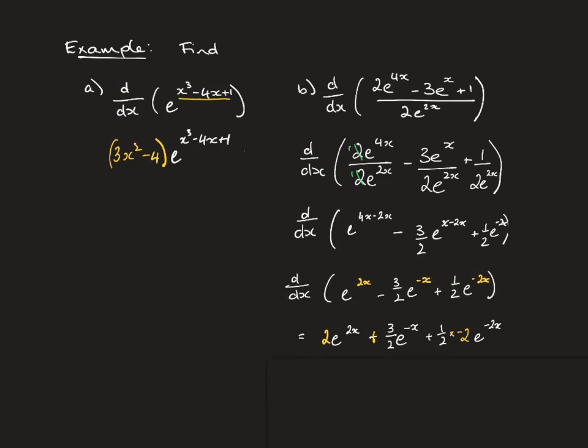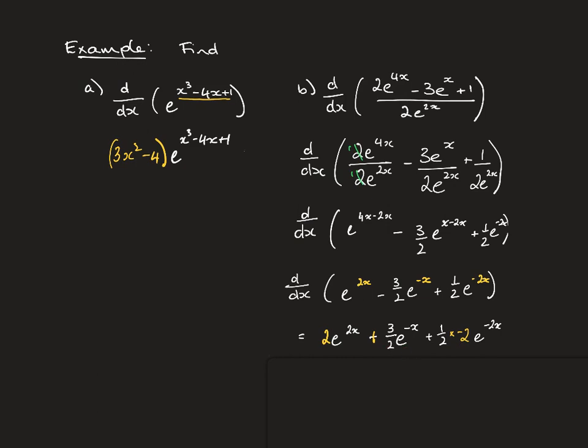So the derivative of 2x is 2, and the derivative of minus x is minus 1, so that comes out the front and turns that into a positive, which is why this plus is in yellow. And the derivative of minus 2x is minus 2, so you've got a half times minus 2 here.